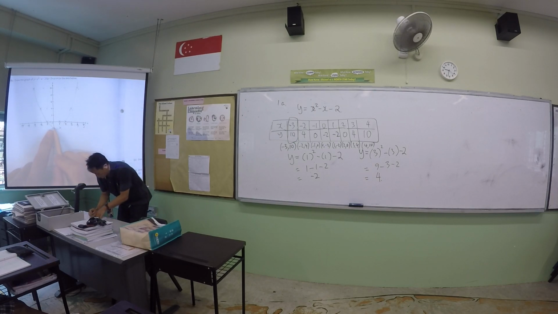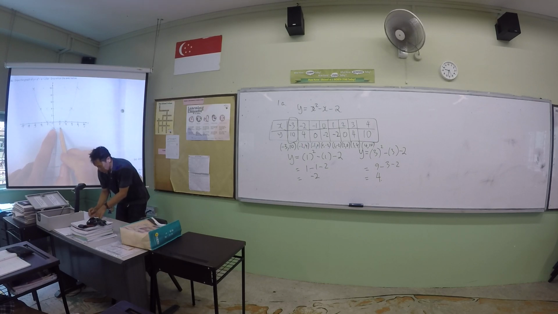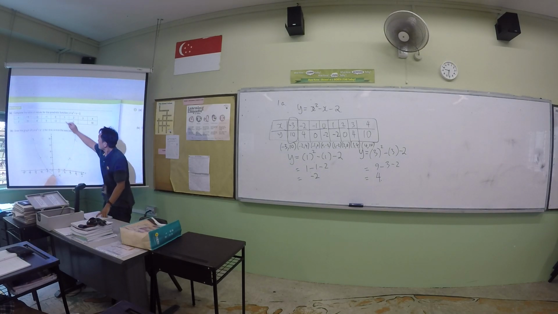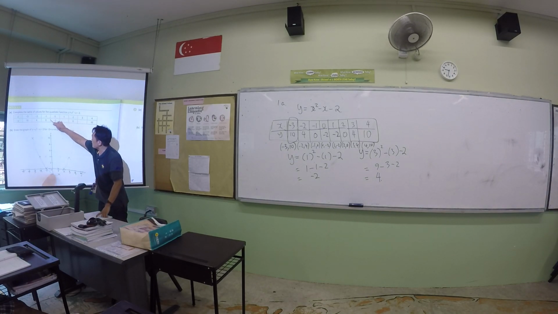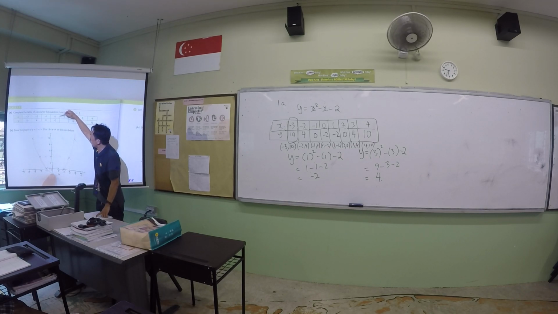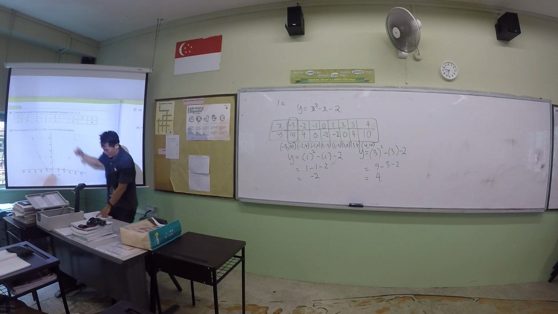This is -2. 0, -2, here is 1, -2. So if you look at this table, the line of symmetry is directly in between 0 and 1. So it must be x = 0.5.